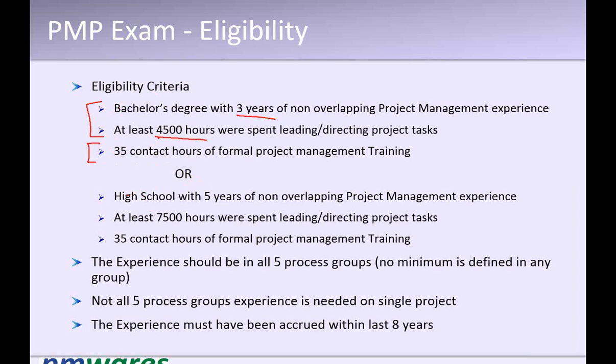Most of the time the challenge is with initiation and closing, because they are short phases, normally very small in length. So it's not necessary that you have some minimum experience in these process groups.